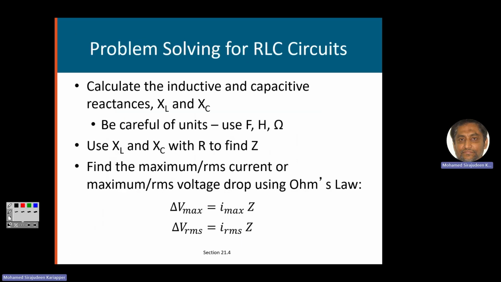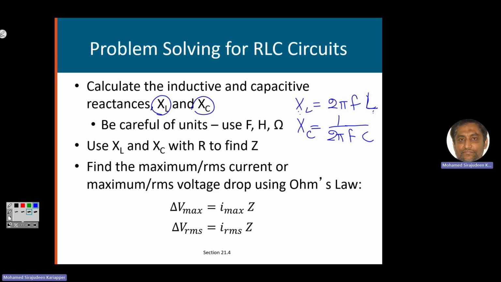Problem solving techniques for RLC circuits: you may have to calculate the reactances, which we call XL and XC. Do you remember the formulas? It's a function of the frequency, and in the case of the inductor, it is a function of the inductance. The capacitive reactance is this. Of course, this will be given in the formula sheet, but no harm memorizing it.